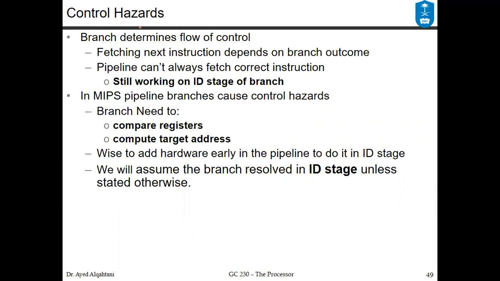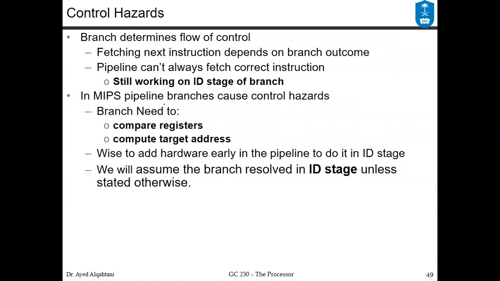Whether it's a branch, sometimes a jump causes similar behavior. So the branch determines the flow of control. Fetching the next instruction depends on the branch outcome. The pipeline can't always fetch the correct instruction because you're still working on the ID stage on the branch.